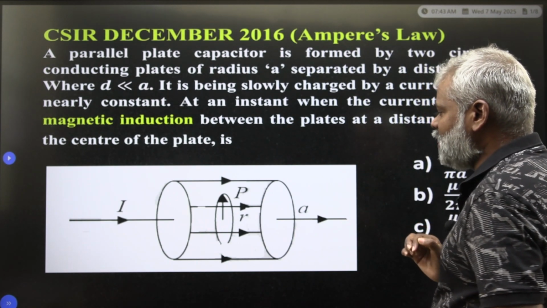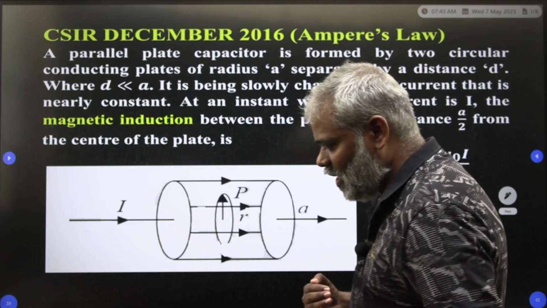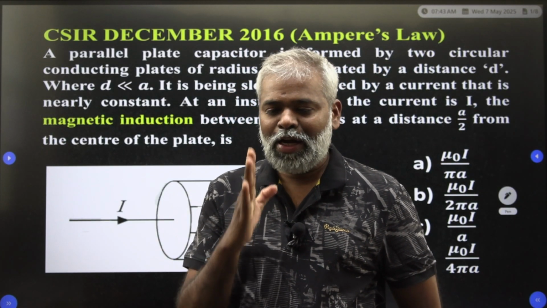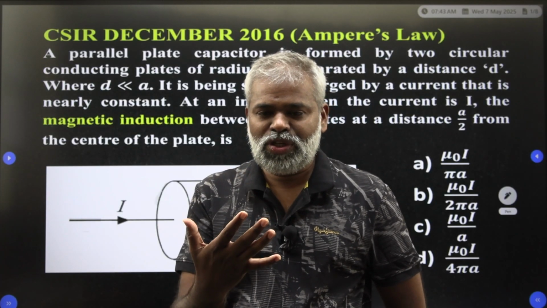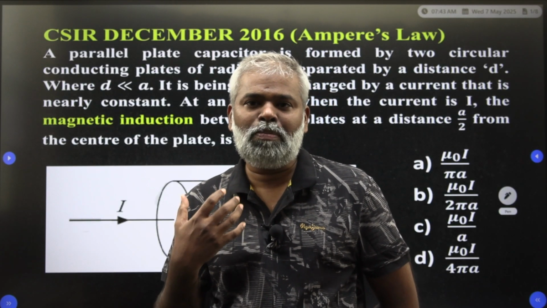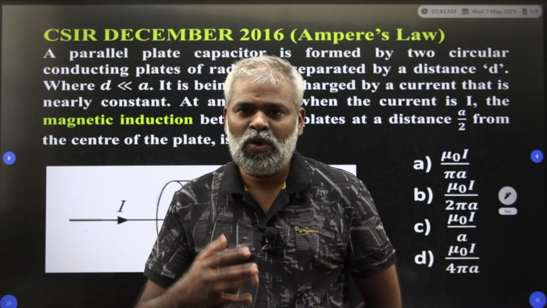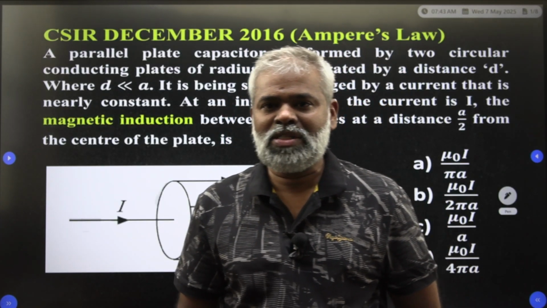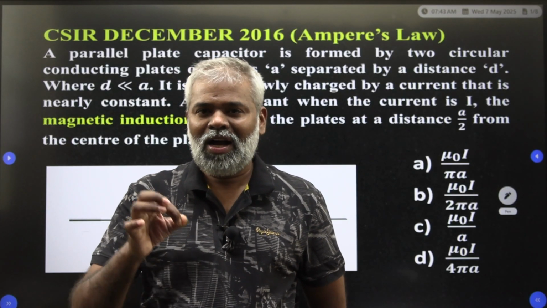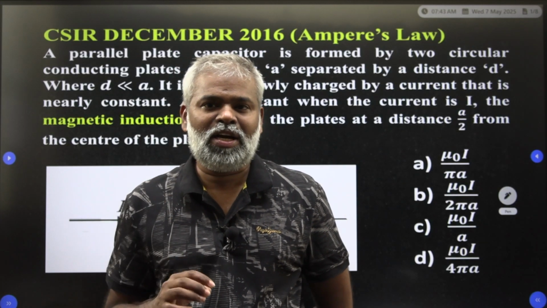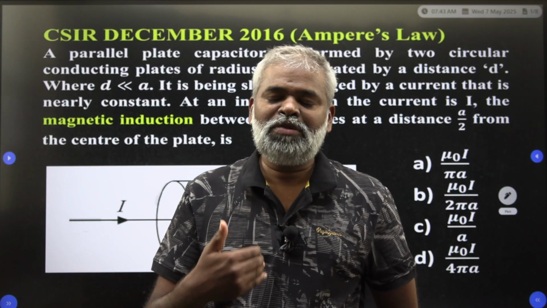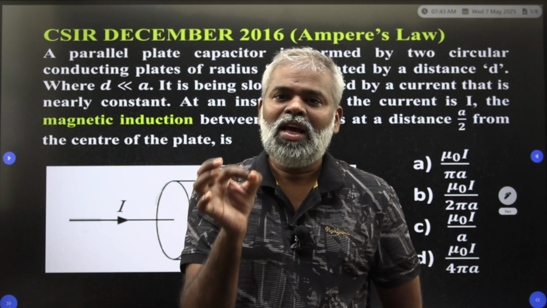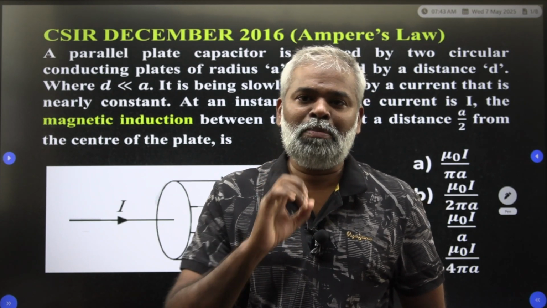According to your syllabus of electromagnetic theory, what is the first topic? Electrostatics. I told some questions, and Gauss law and applications also. In between, Coulomb's law is also there. After finishing the Gauss law, according to your syllabus, there are Poisson and Laplace equations.